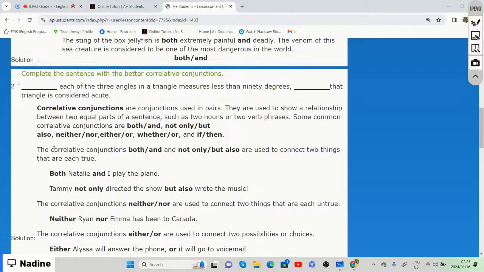It can be nouns or verb phrases. Some of the common correlative conjunctions are both or and, not only but also, neither nor, either or, whether or, and if then.